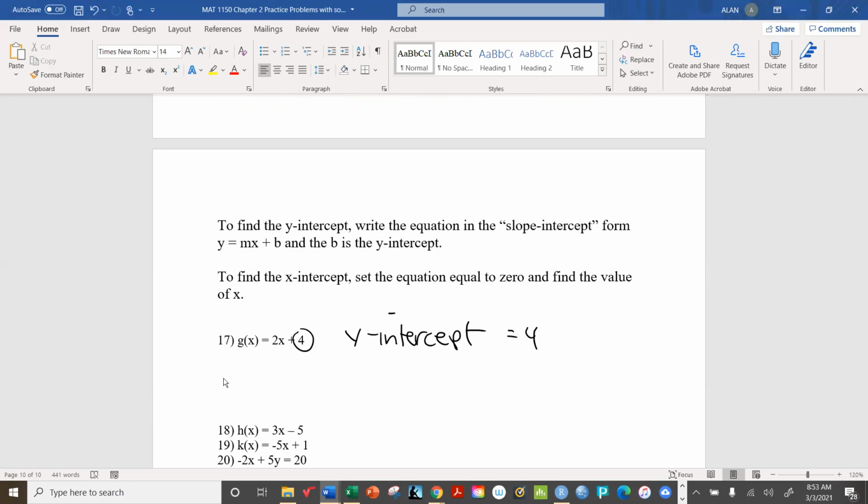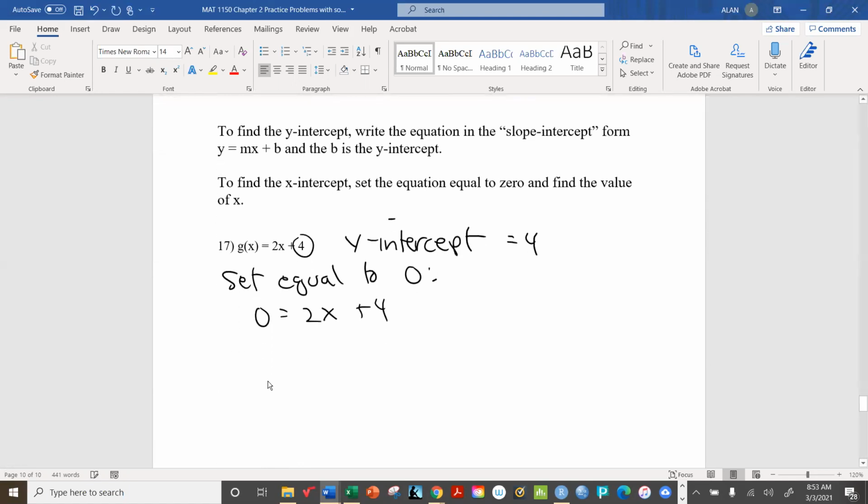Oh man, how lucky can you get? All right, so what about x? So we'll set this equal to 0. Zero equals 2x plus 4. And minus 4 equals 2x. Subtract from both sides, divide out the 2.